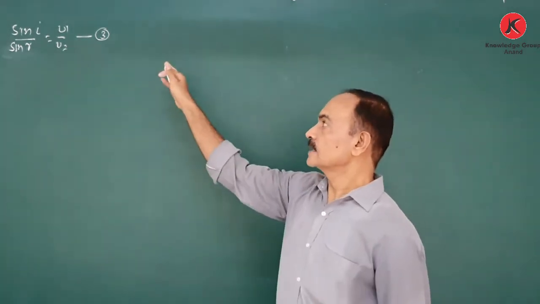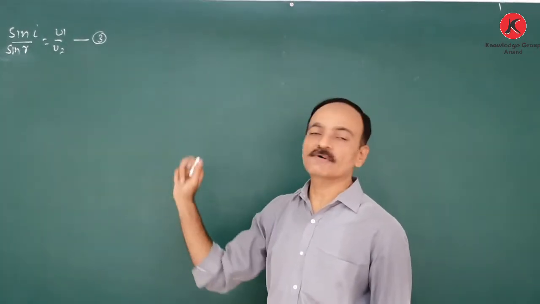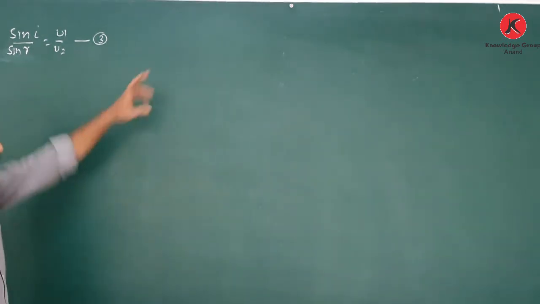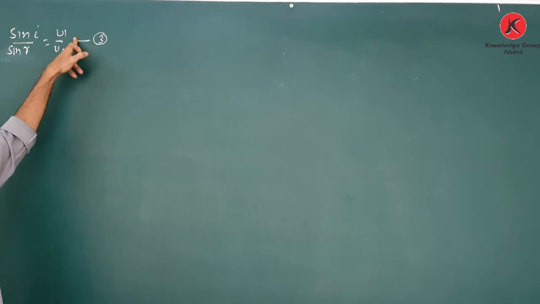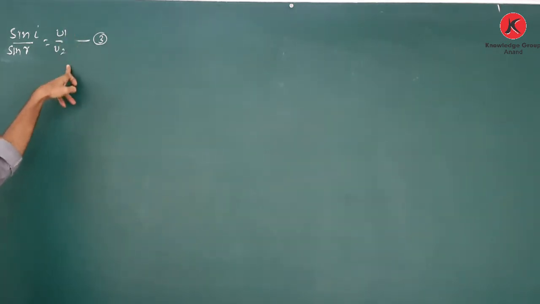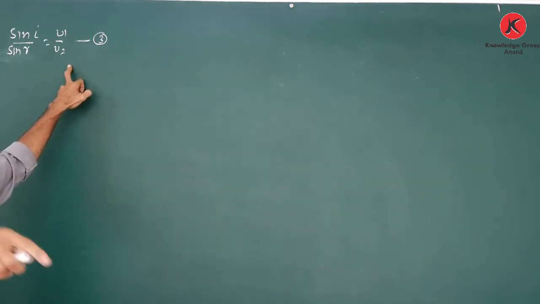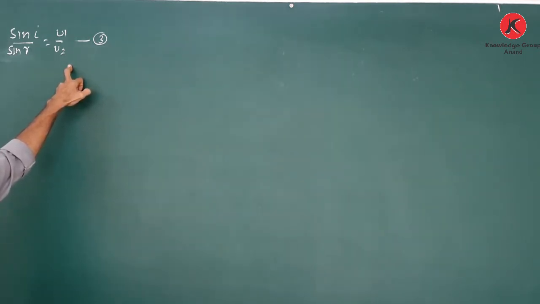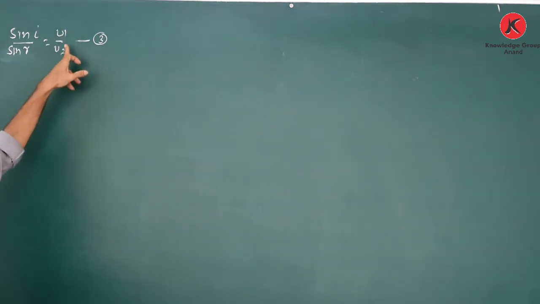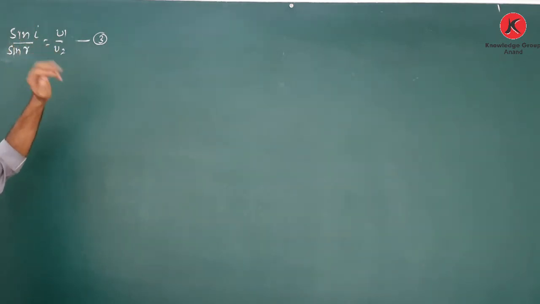Now, our third equation is sin I upon sin R is equal to V1 upon V2. V1 is the speed of light in medium 1, that means the rare medium. V2 is the speed of light in the denser medium. V2 is less than V1. And here, therefore, V1 upon V2 is greater than 1.